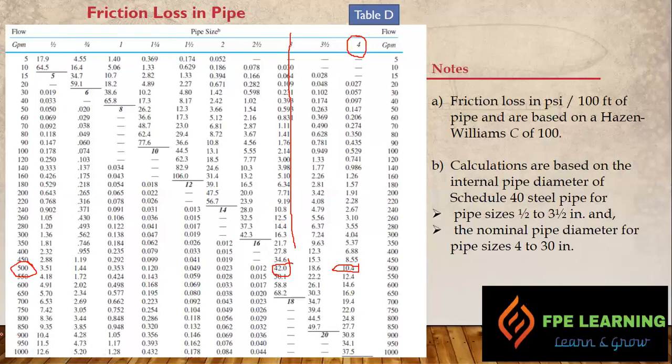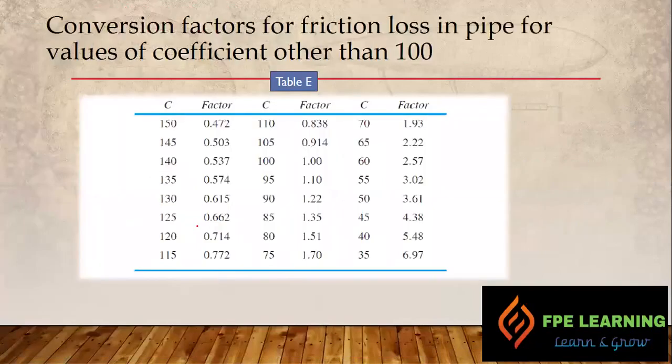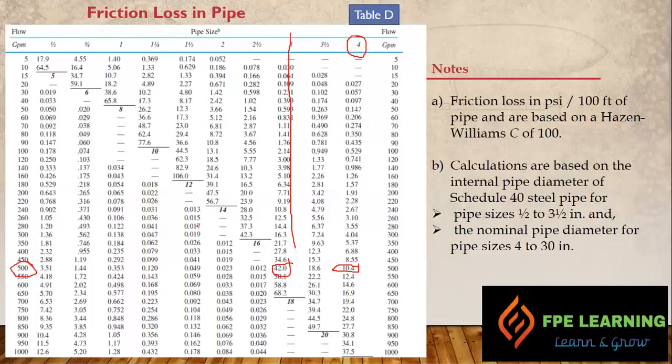Now, as I discussed, this table is best for a C factor of 100 and schedule 40 steel pipe. If the properties are different from this assumption, we have to use another formula. Let's move on to that, right? The first one is the conversion factors for friction loss in pipe for values of coefficient other than 100. The previous table is based on a C factor of 100.